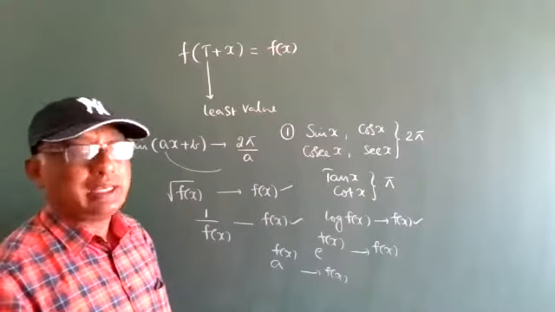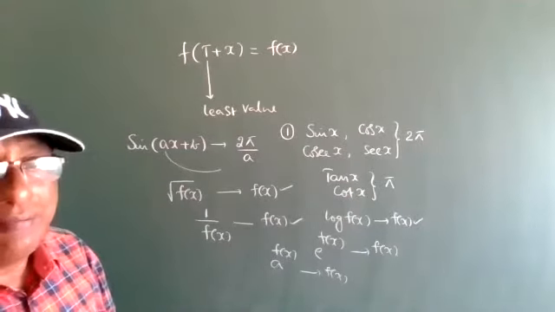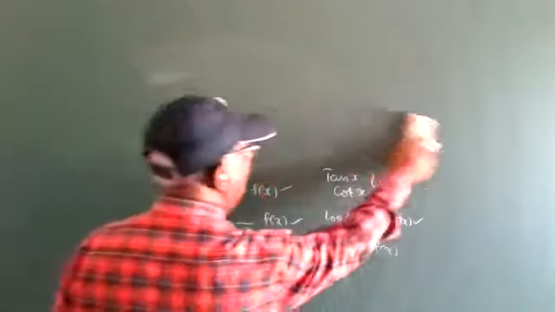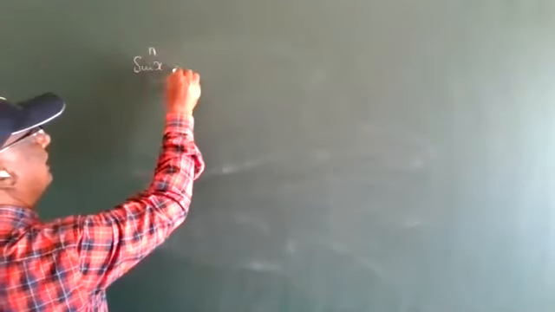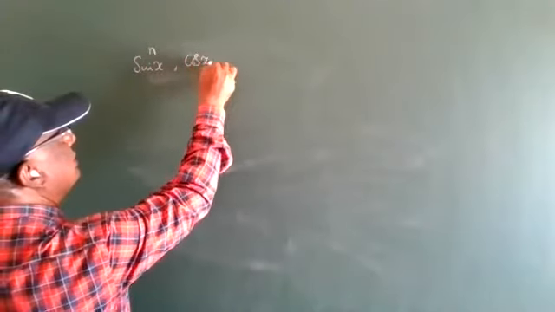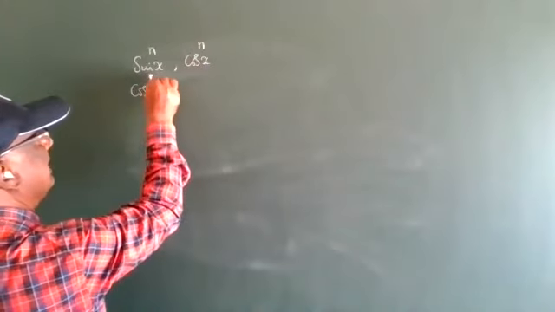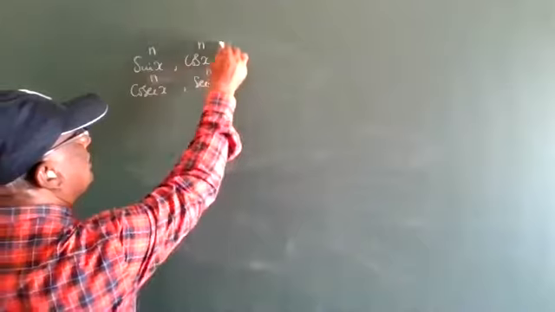And one more property we discussed yesterday: the period of sine x raised to the power n, cos x raised to the power n, cosecant x raised to n, and secant x raised to n.